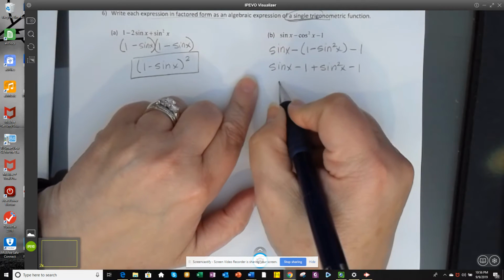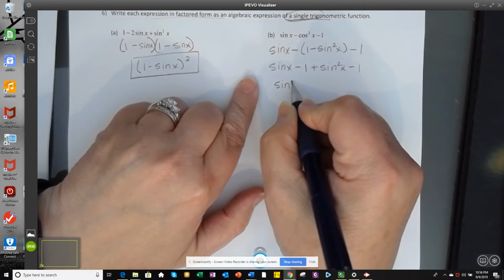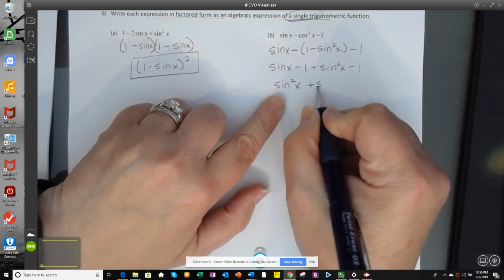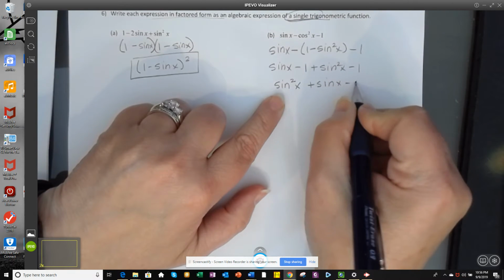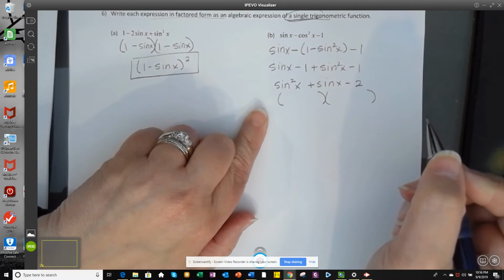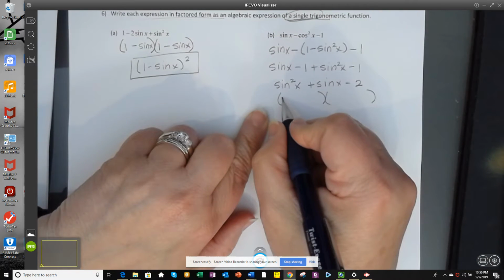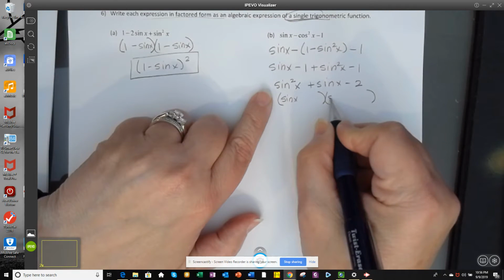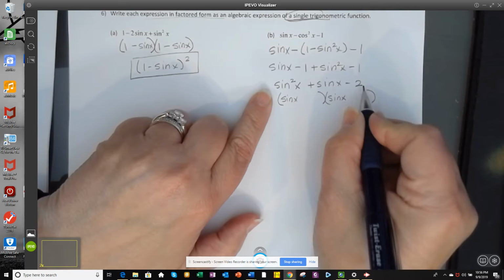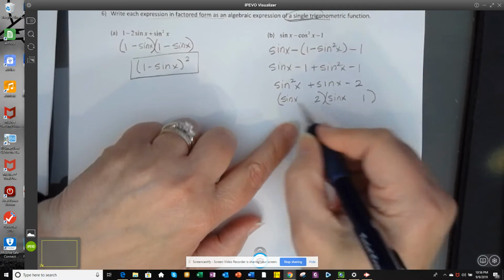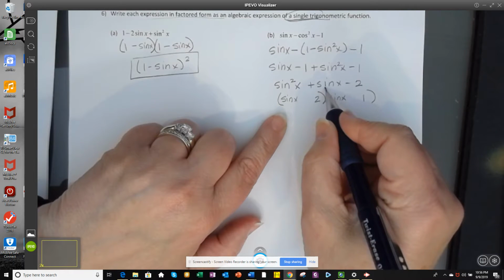So then I'm going to put them in descending exponent order. So this will be sine squared x plus sine x minus 2. And now we have to factor. Let's see here. We get sine x. The factors of sine squared x are going to be sine x and sine x. The factors of 2 are easy. It's 2 and 1. And the inner product and the outer product have to sum to a positive 1 sine x.